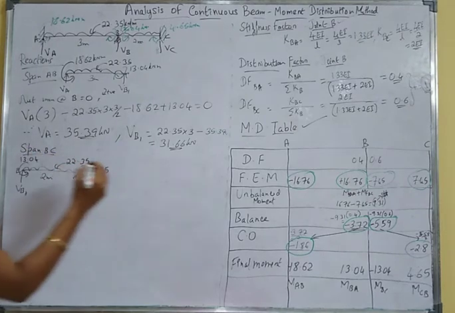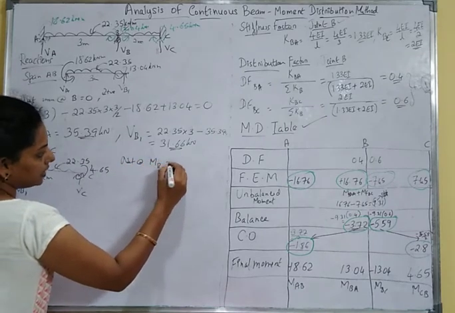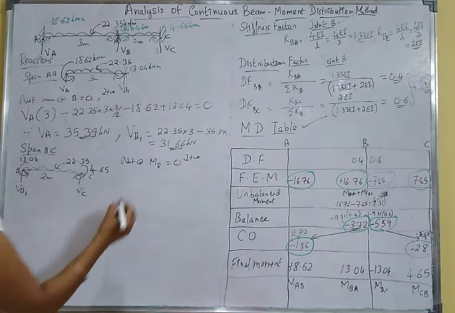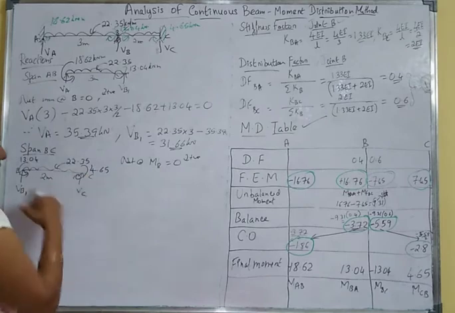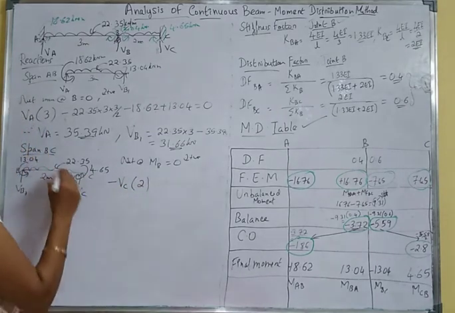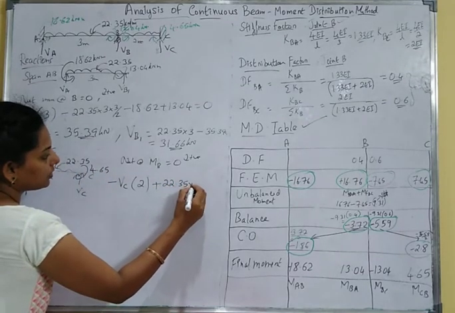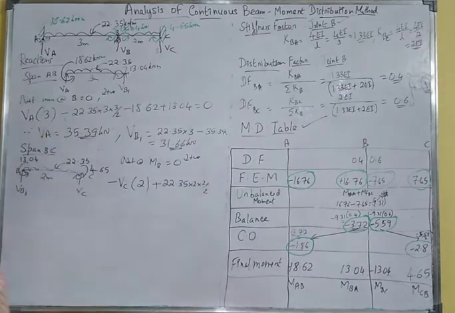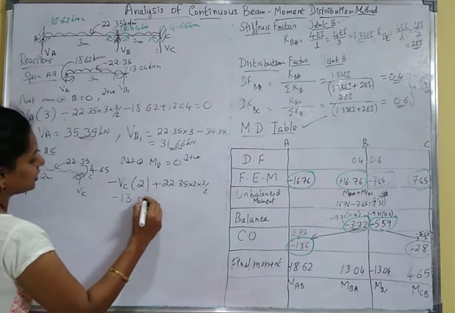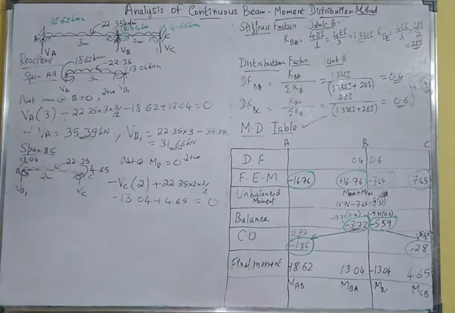Same way, net moment at B is equal to 0, clockwise positive. So here VC is anti-clockwise, so minus VC into 2, and this is clockwise, plus 22.35 into 2 into 2 by 2, and this is anti-clockwise, minus 13.04, clockwise 4.65, which is equal to 0.